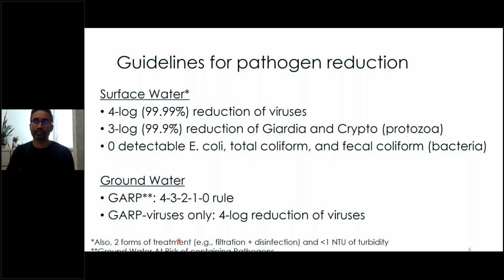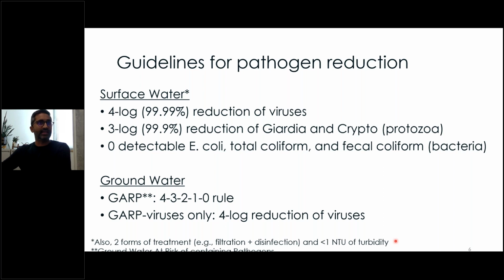So the 2 refers to 2 forms of treatment. So you want 2 barriers or 2 forms of treatment. So for example, filtration and disinfection are 2 forms of treatment. And the 1 in the 4-3-2-1-0 rule refers to turbidity. So less than 1 NTU of turbidity. NTU, if you're unfamiliar, is called a nephelometric turbidity unit. It just means how cloudy the water is.